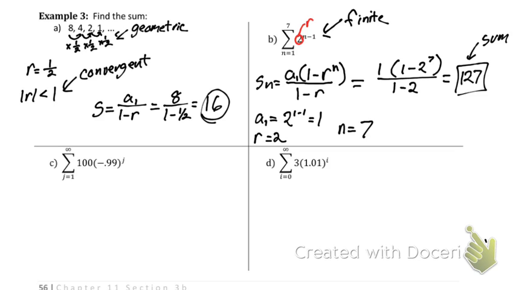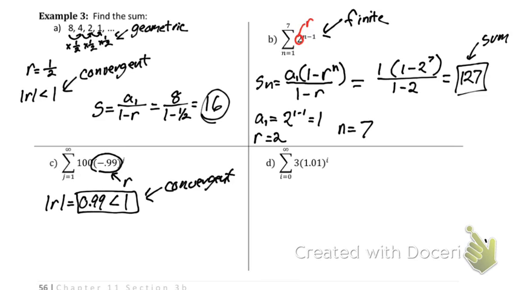All right, our next one is infinite. It is infinite because we can see it goes to infinity. My r value is going to be this negative 0.99. So the absolute value of my r value, 0.99, is definitely less than 1, so it is convergent.